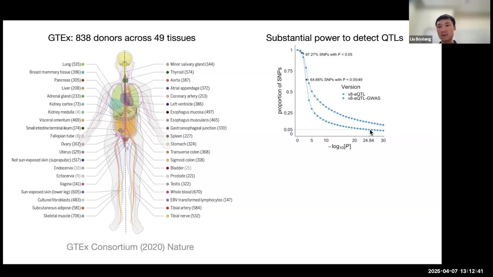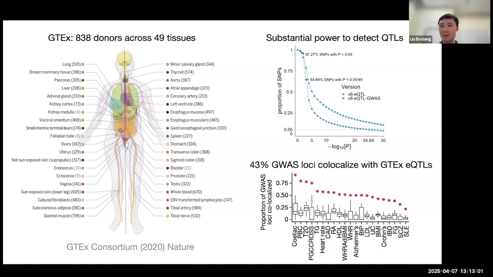The take-home message of this figure is that using the GTEx data set, a multi-individual, population-scale data set across a large number of tissues, we have enormous power to detect associations between SNPs and gene expression. But even with this enormous power, we initially thought we could map close to all the GWAS loci.